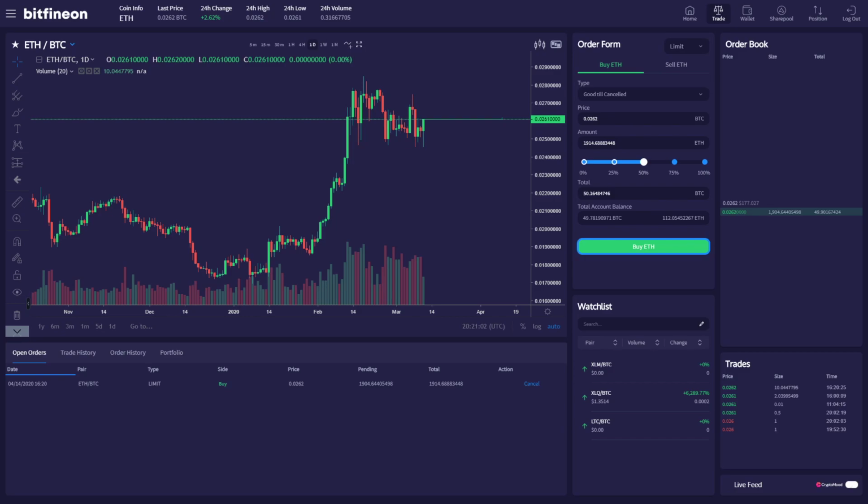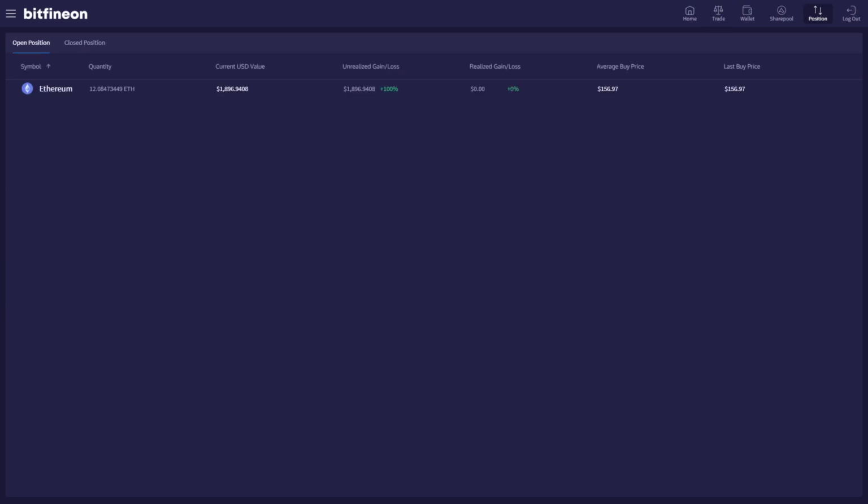One thing I want to show you guys is the positions page. When you open a position, when you buy or sell, and you open or close a position on Bitfineon, you will have a running P&L. I maybe should have shown you this because we already had a position open with Ethereum.